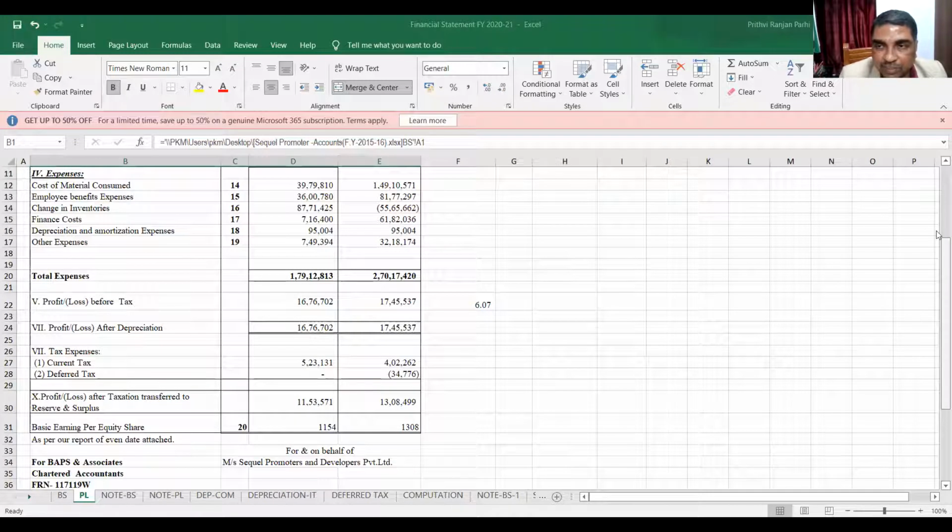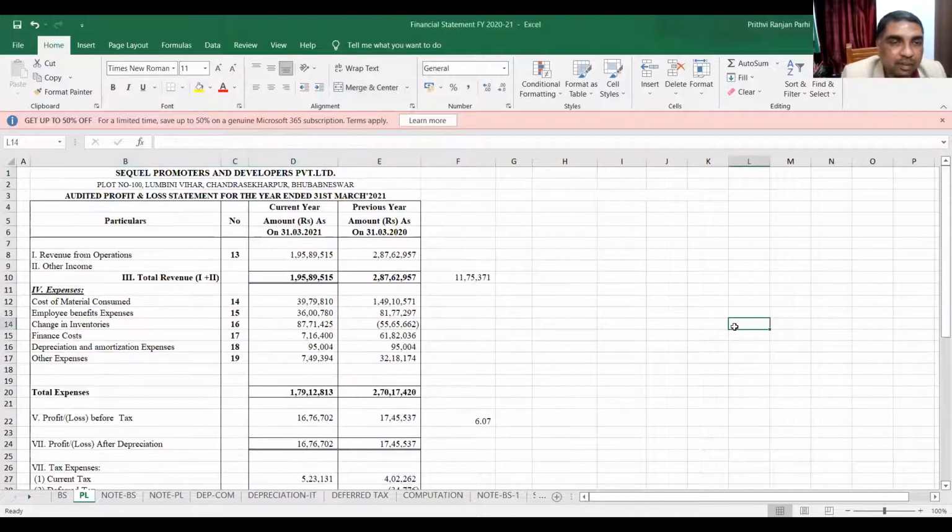You are seeing this company's financial statement. This is a company in this city, Bhubaneswar, SQL Promoters and Developers Private Limited. That is the name of the company, and this is the data from the audited financial statement. This company is also in the realty sector.